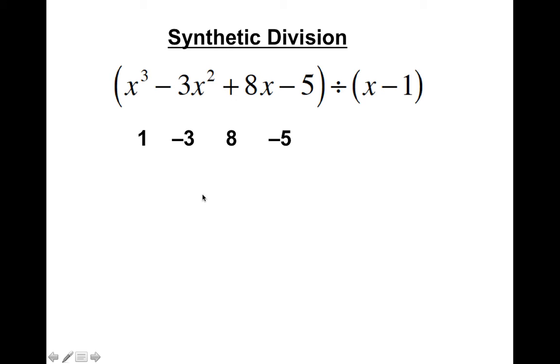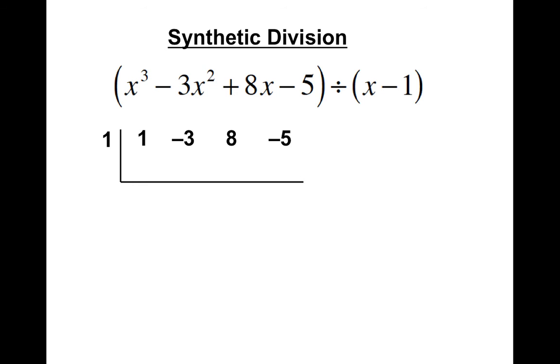So remember, we're not writing the variables, we're only writing the numbers in front of the variables, the coefficients. So then we write an upside down divide by symbol. And then we take the opposite of our factor. When I set this to 0, I'm going to get x equals positive 1. And that is the number we put in front of our divide by symbol.